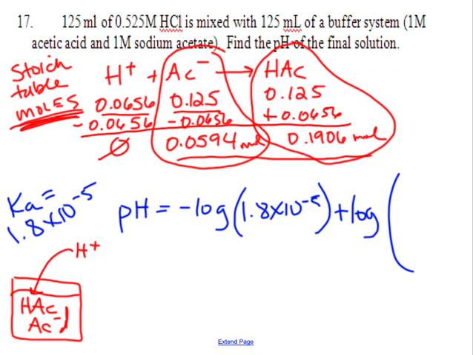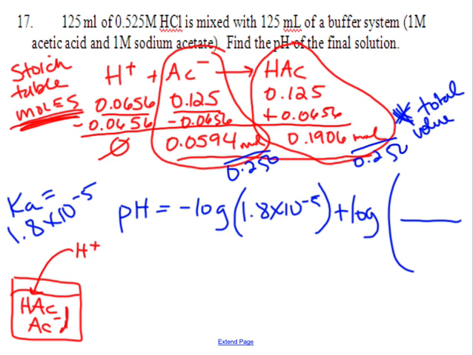What are we supposed to put in here? Concentration. What do we have up there? Moles. So if I were to find concentration, I would have to divide, this is a really important step, not necessarily right now, but it's going to be huge later, by the total volume. So it's 250 mL total, right? So we're going to divide each of these by 0.25.